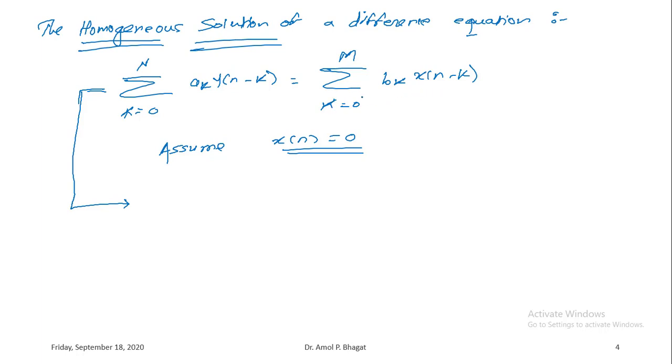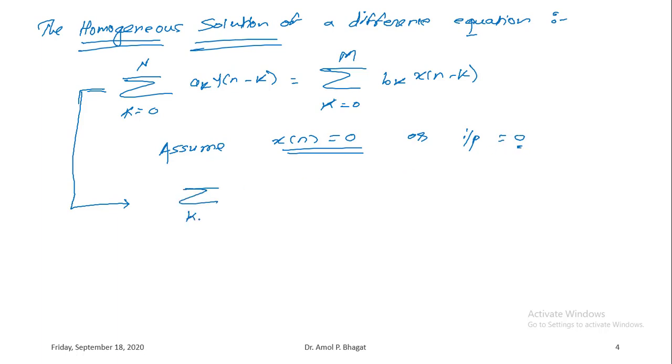Whatever input samples are there, we are assuming them as 0 to get the homogeneous solution.